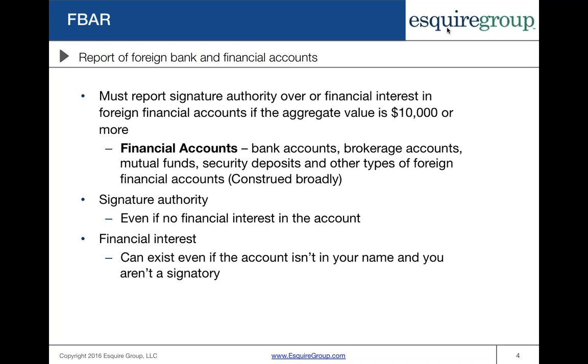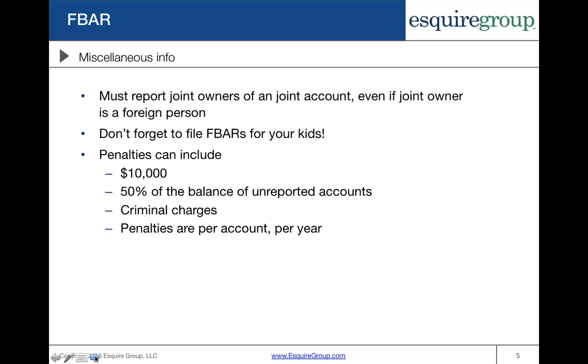So going back to the example of two accounts with $9,000 in them, even though both accounts are under the $10,000 threshold, if you add them together, we're at $18,000, which is more than $10,000, and you would be required to file an FBAR to report both of these bank accounts. So I think that pretty much describes what the filing requirements are for an FBAR.